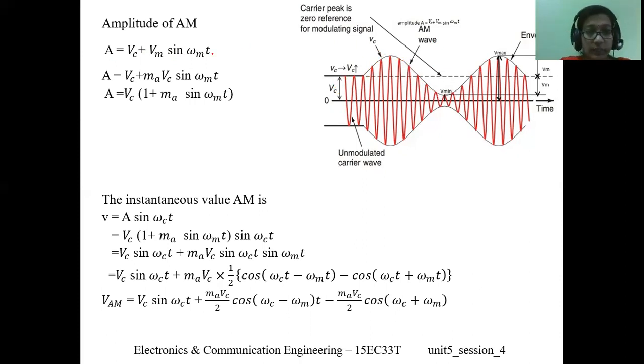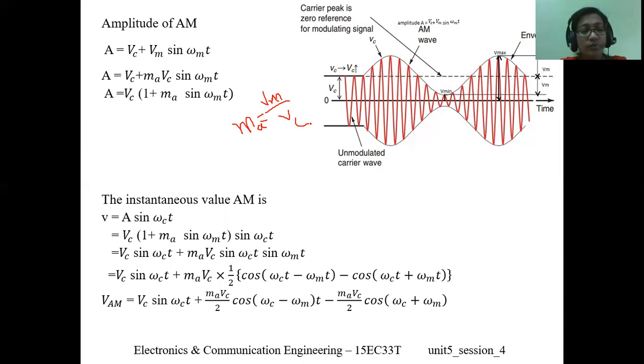So here we can represent A is equal to VC plus VM sin omega m t. According to the modulation index formula, MA is given as VM divided by VC.